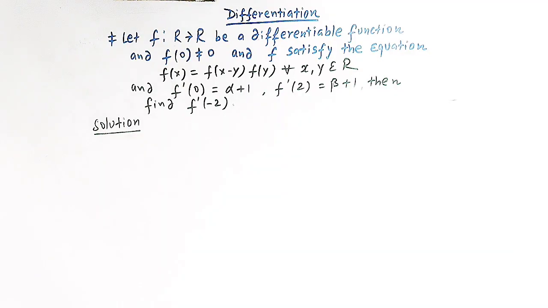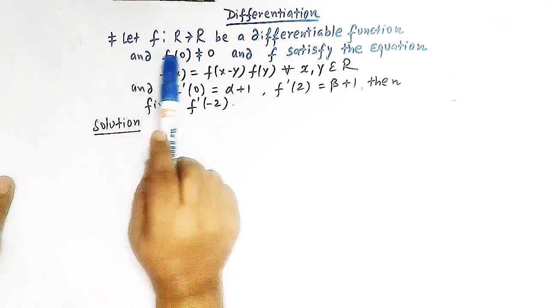Hello viewers, in today's session we are going to discuss a very important and conceptual problem from differentiation and functional equations. So here we have a mixed problem on differentiation and functional equation, and the problem goes like this.